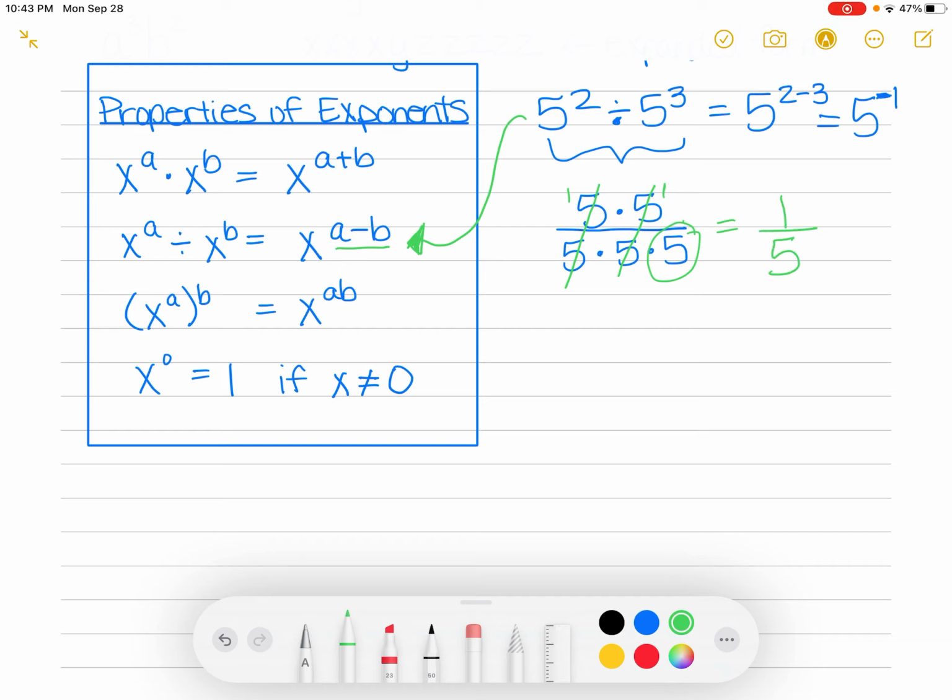That means these two are the same problem. 1 over 5 is the same as 5 to the negative 1.